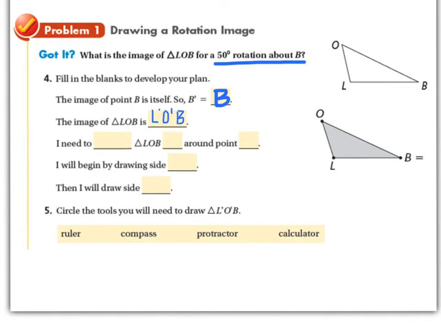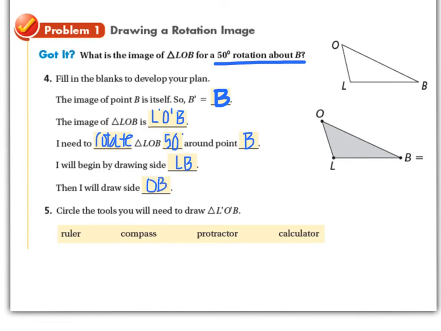I need to rotate LOB 50 degrees around point B. We can begin by drawing the first side LB, and then we can draw OB.